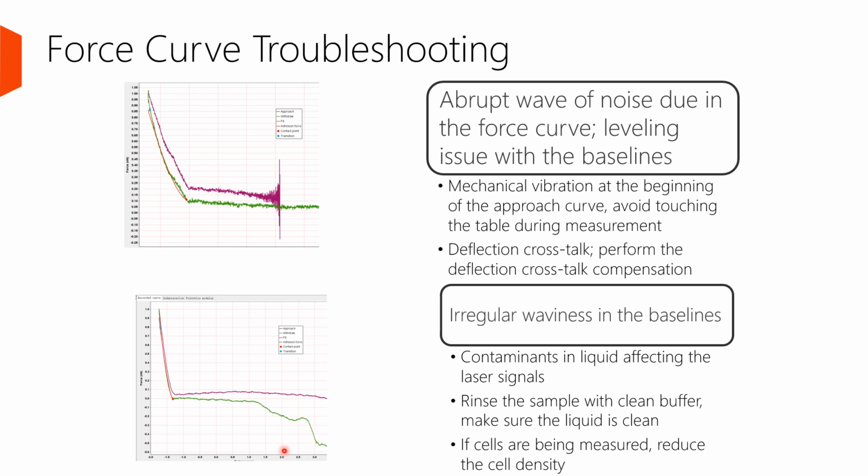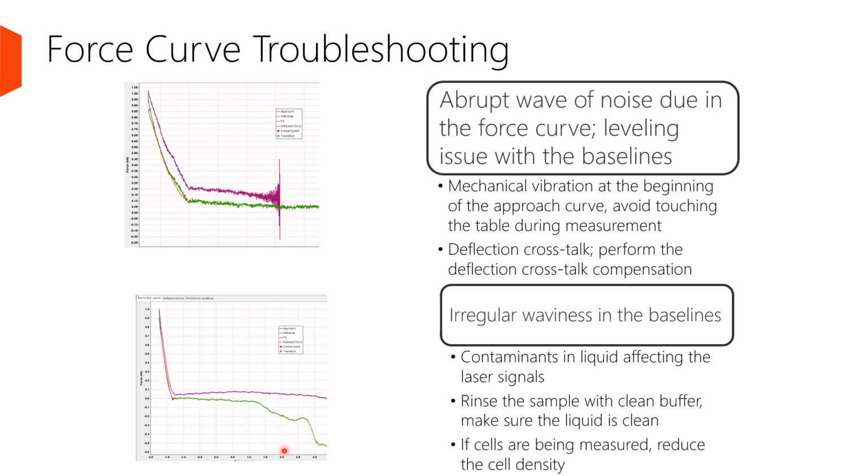In the example below, we can see some irregular waviness in the baseline. This huge deviation from the baseline is typically due to the contamination in the liquid. So to avoid this, we can rinse the sample with clean liquid or clean buffer and make sure in the measurement the liquid is clean.